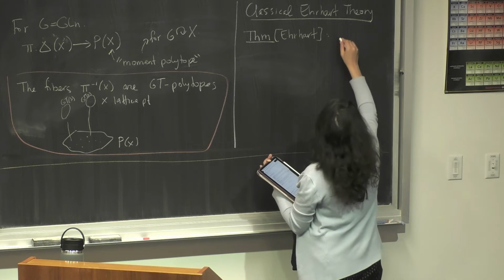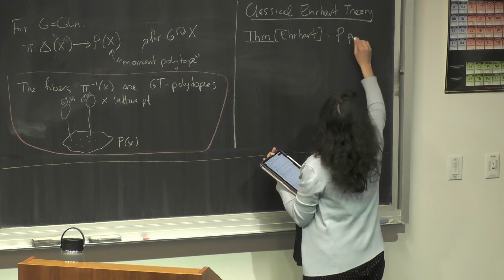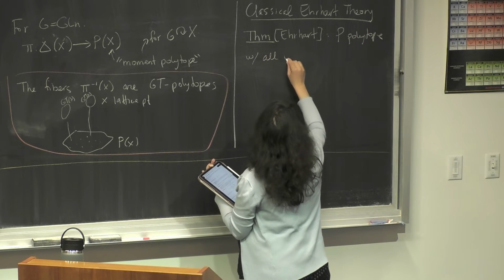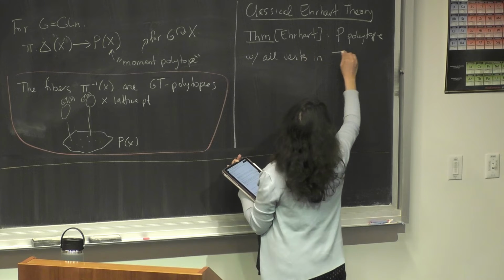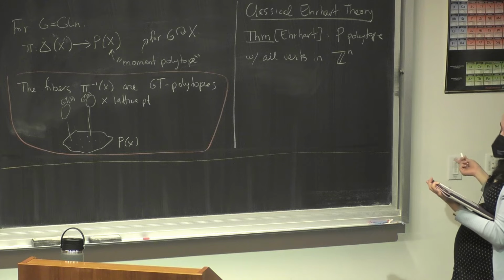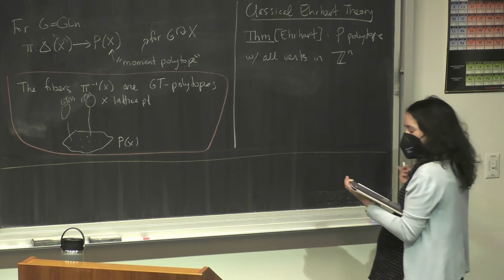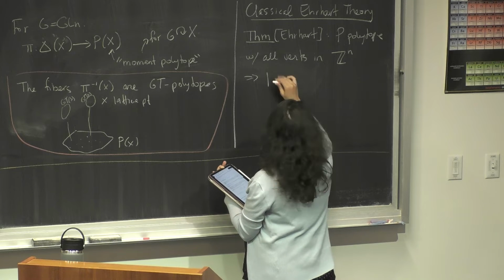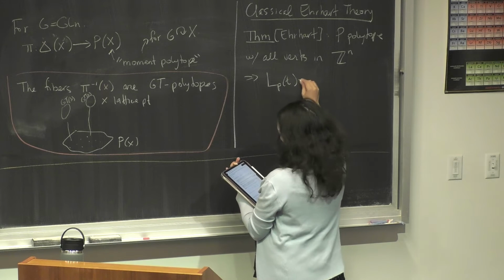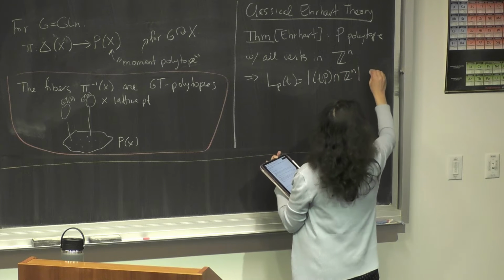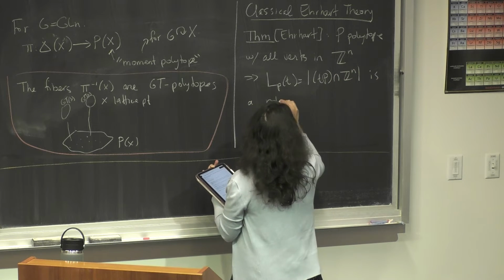It says, if you have a polytope P with all vertices in Z^n, so this is what is called a lattice polytope, then this function is a polynomial.